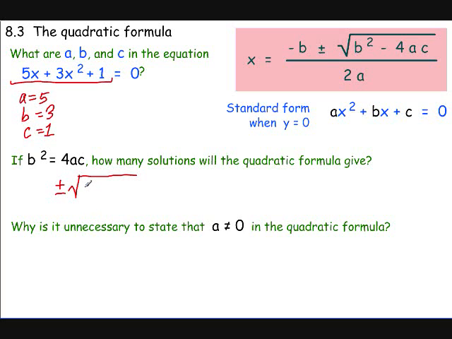So what would that mean for us if we had B squared minus 4AC, and these were exactly equal to each other? And if it's plus or minus 0, how many solutions are we going to find? One solution.